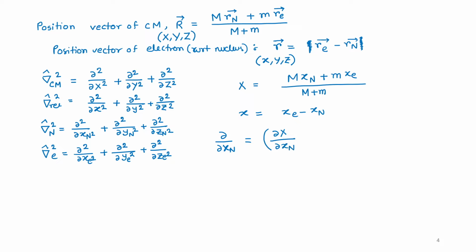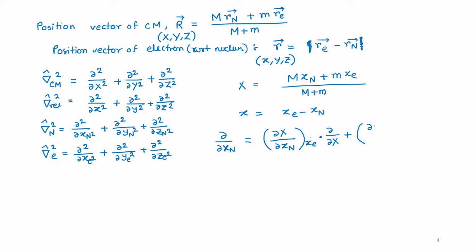So differentiation with respect to x, differentiation of x with respect to xn, where our xe is constant, multiplied by del by del x, plus the same for small x. This part Professor Datta has not shown explicitly, but he has given it in the appendix section.